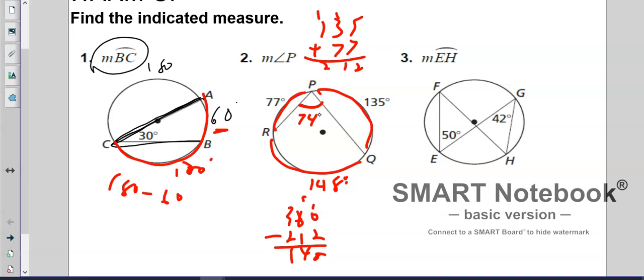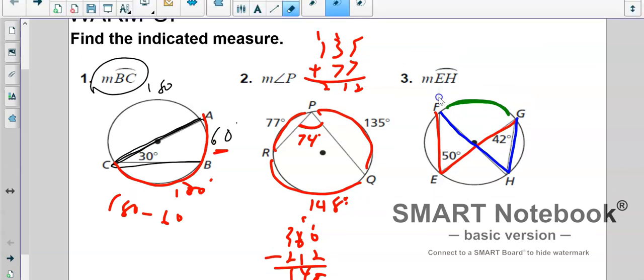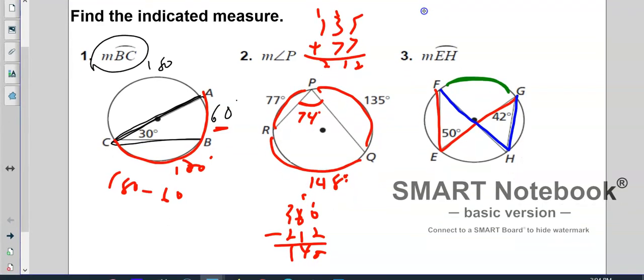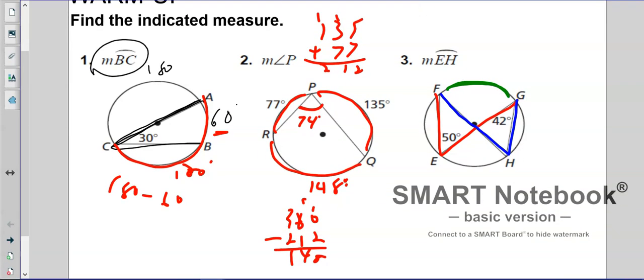Now, notice FEG right there and FHG both have this same arc right here. Whoops. A little technical difficulty. Hold on, please. There we go.